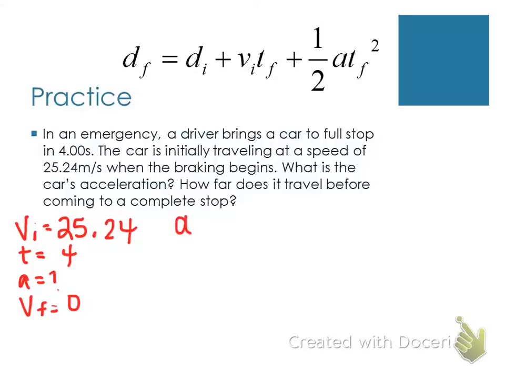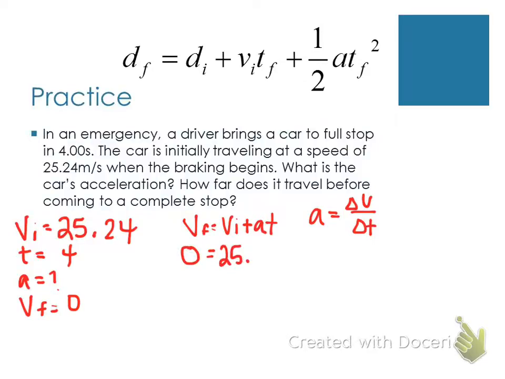Okay, so to solve for acceleration, I'm going to use this equation, VF equals VI plus AT. This is the same as doing it like this. Okay, so velocity final is 0, 25.24 plus A times T. Okay, I should subtract this over.